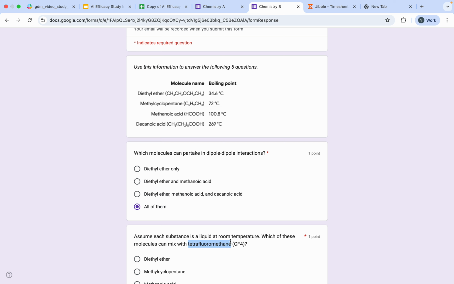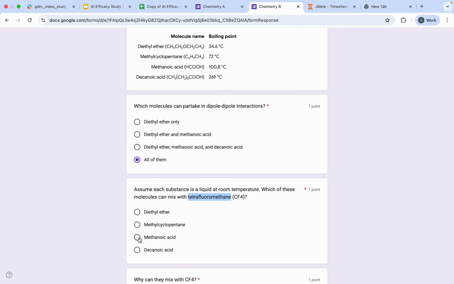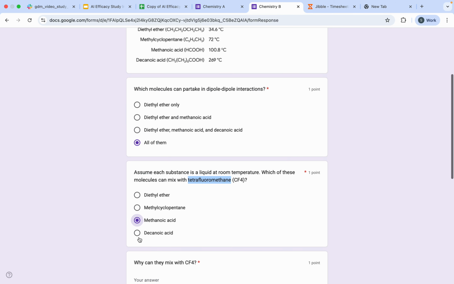Tetrafluoromethane, CF4. Okay, so I am marking it as methanoic acid.